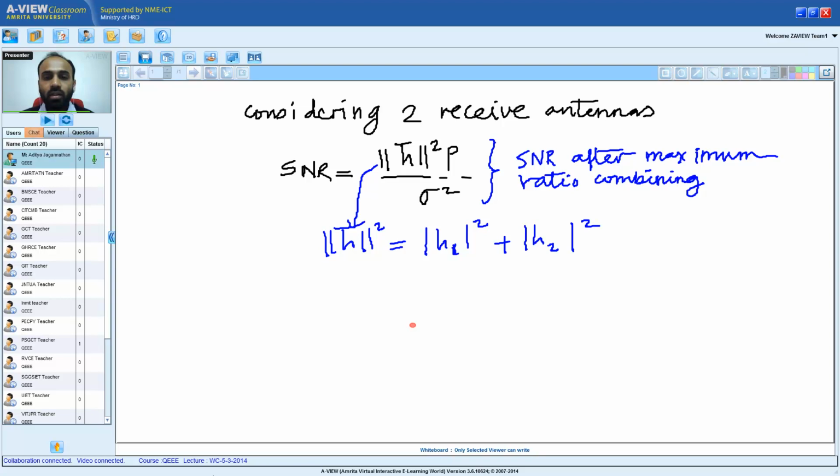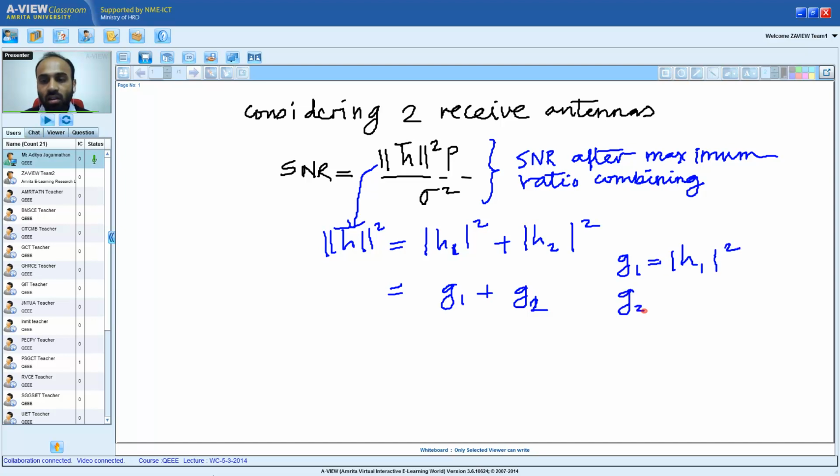I can write this as G1 plus G2, where G1 equals magnitude h1 square and G2 equals magnitude h2 square.